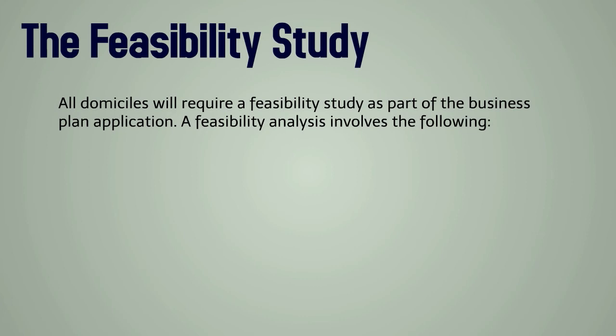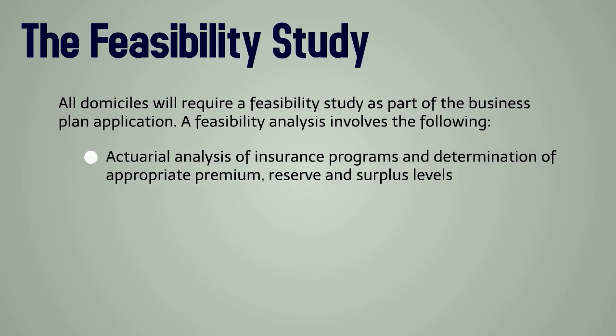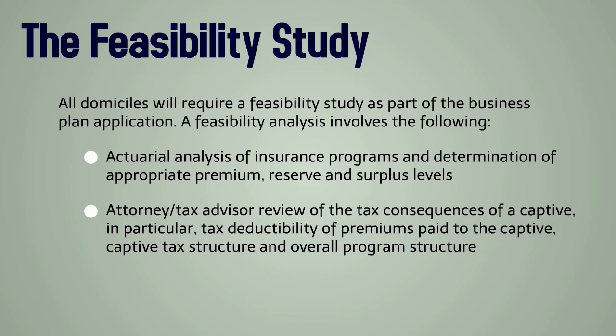A feasibility analysis involves the following: actuarial analysis of insurance programs and determination of appropriate premium, reserve, and surplus levels. Attorney or tax advisor review of the tax consequences of a captive, in particular, tax deductibility of premiums paid to the captive, captive tax structure, and overall program structure.